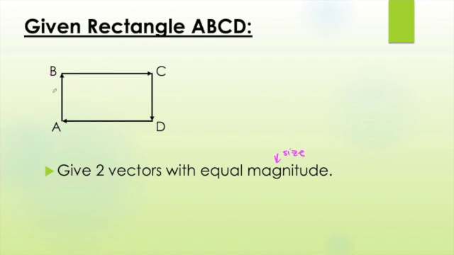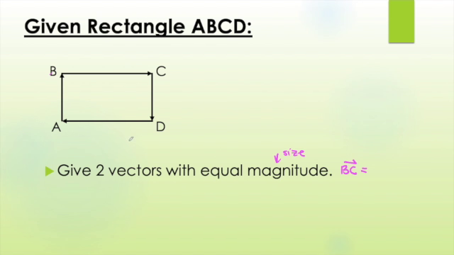Why don't we do BC, that's our long one on the top, that's just the first one I saw, is equal to, and then if we look here, it looks like AD, and technically those are the same magnitude because they're in a rectangle, right? However, look at the way that the arrow is drawn.